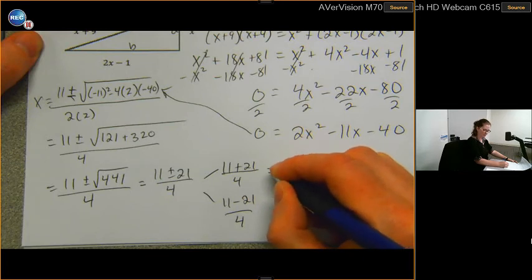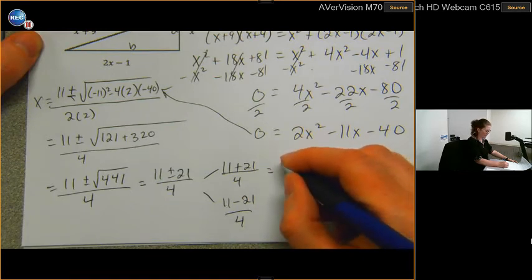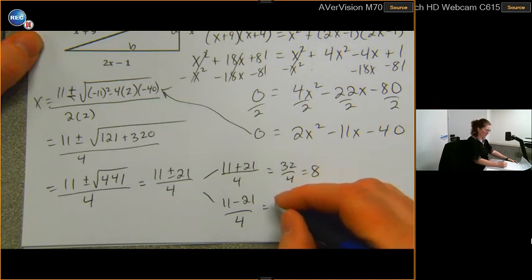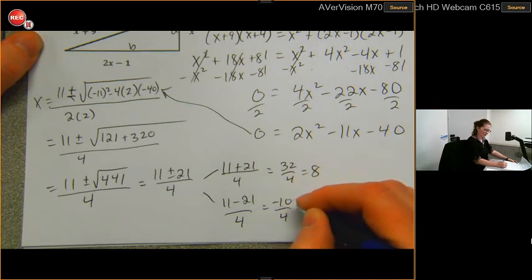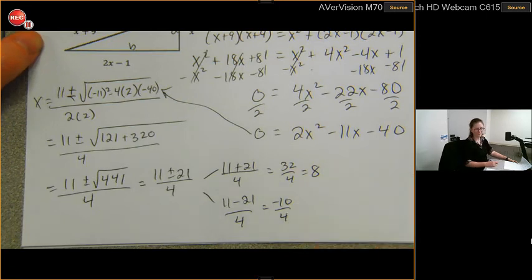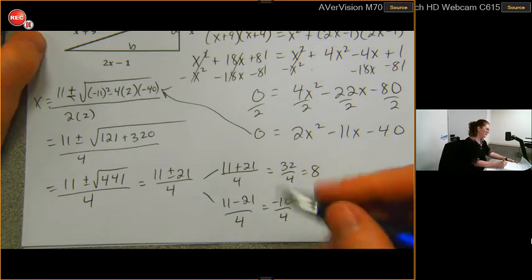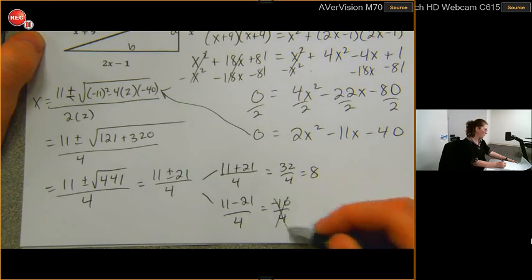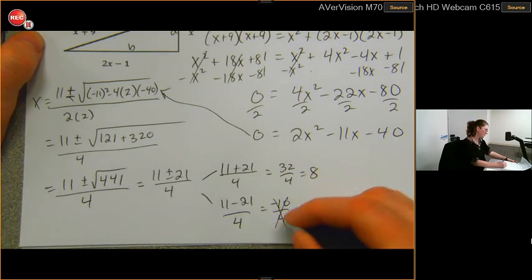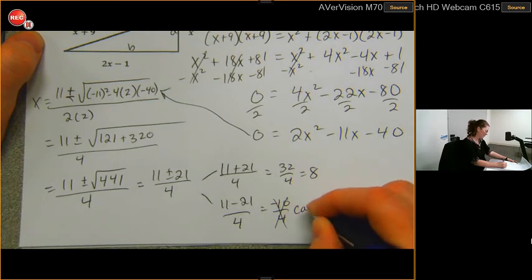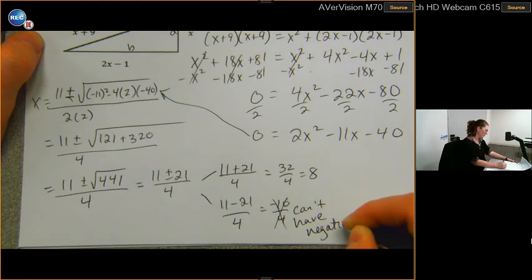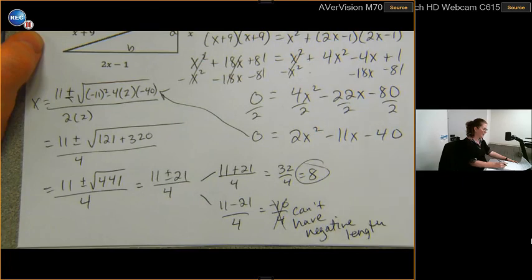And I get answers of 8 and negative 10/4, which is negative 5/2, but we are finding the length of the side of a triangle, so I'm going to ignore the negative answer. So I'm going to say 8.